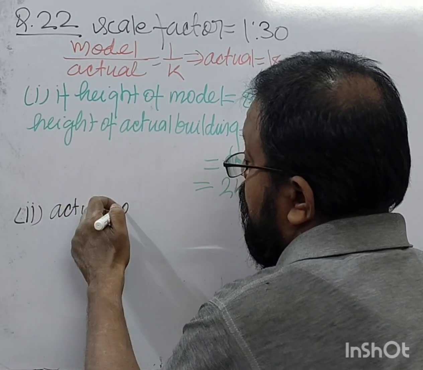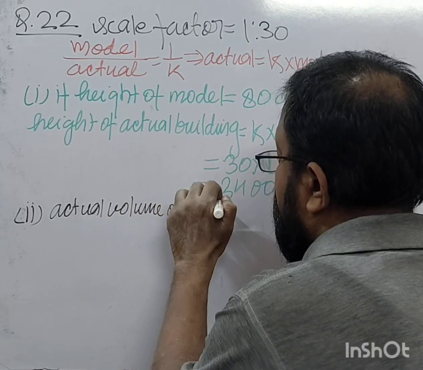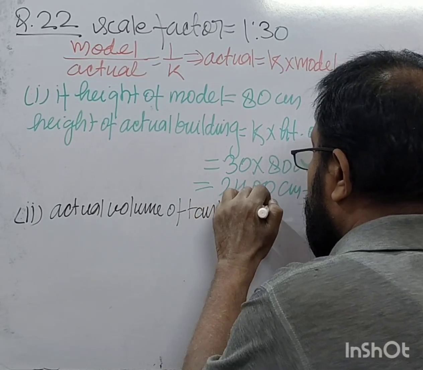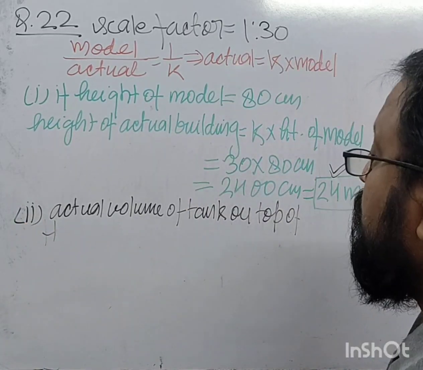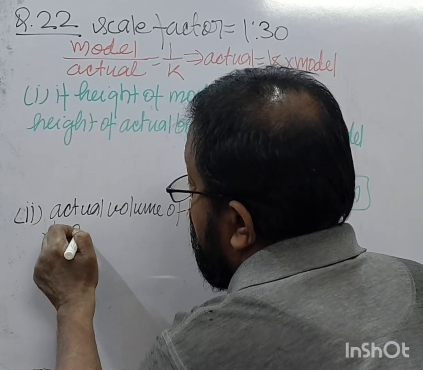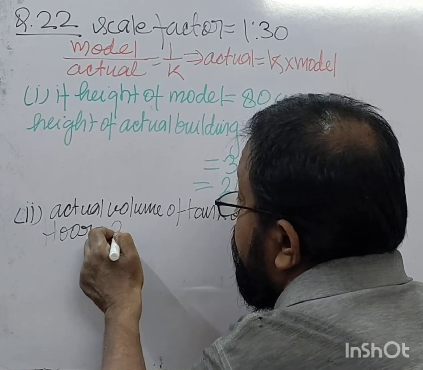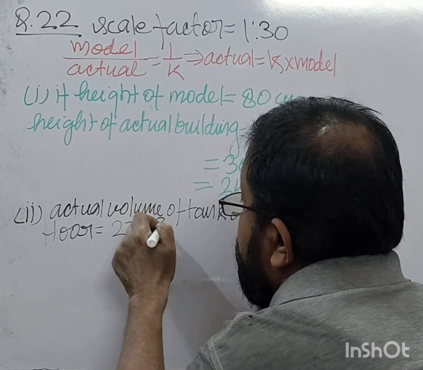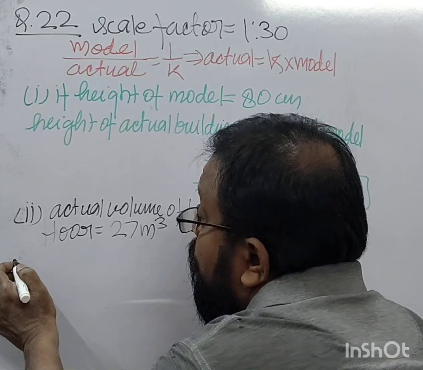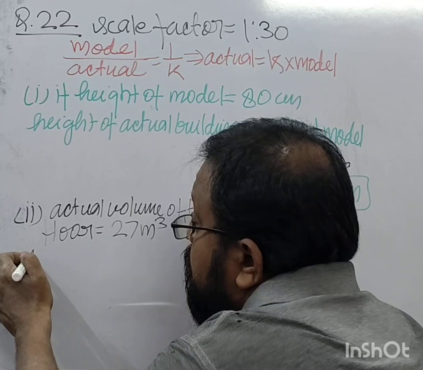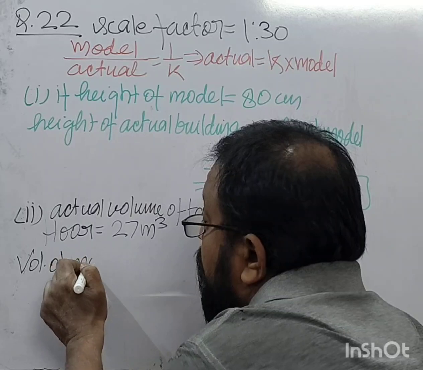Actual volume of tank on top of floor is equal to 27 meter cube. 27 meter cube, right? So volume of model.